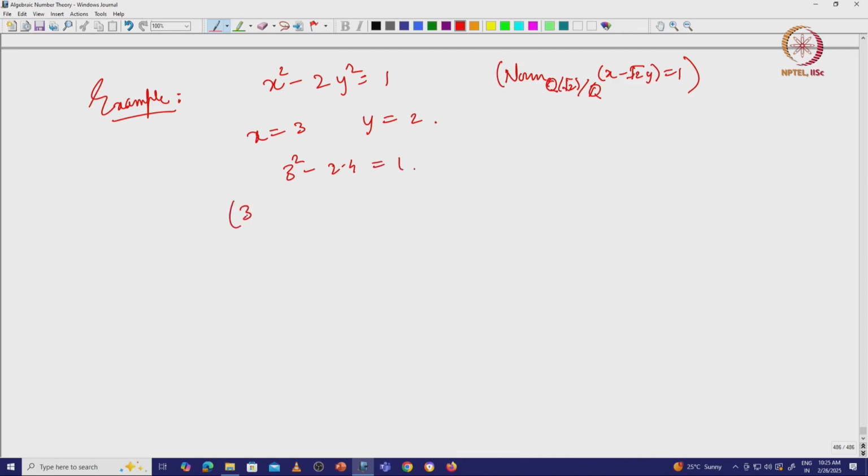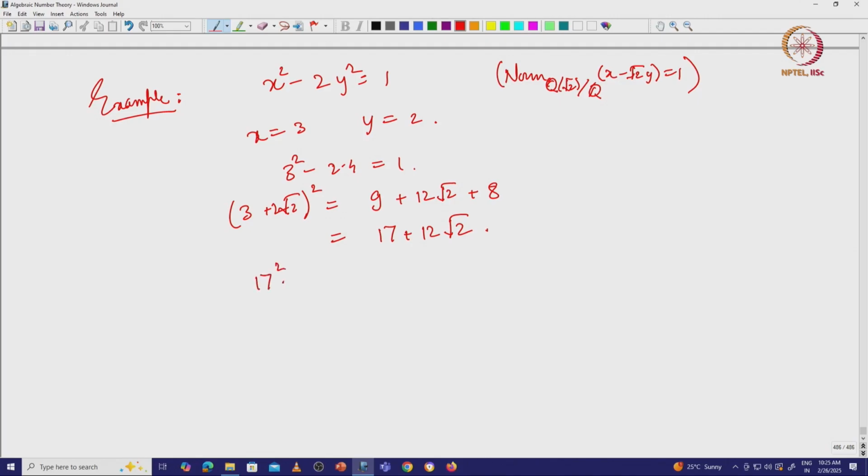So, I can look at 3 minus 2 square root of 2 squared, and if you do the calculation, this is 9 minus 12 square root of 2 plus 8. So, this is 17. Sorry, I would like to take plus here. So, I end up with all positive things again, does not matter. So, this is another solution.